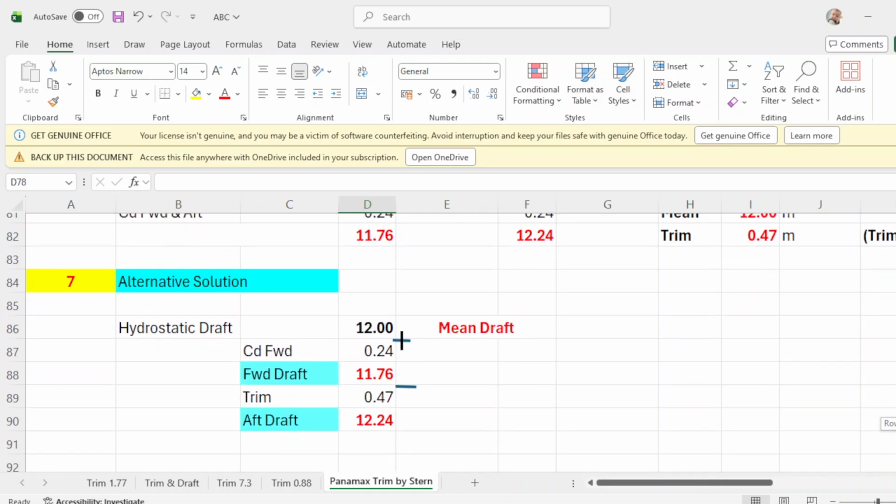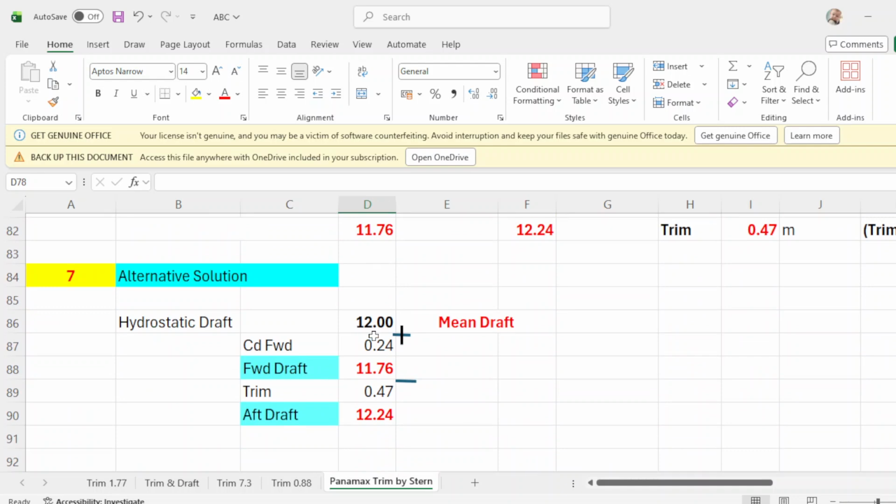Then you have number 7. Another solution will be your mean drop minus your change of drop forward, which is 0.24, then your forward drop will be 11.76, which is the same.